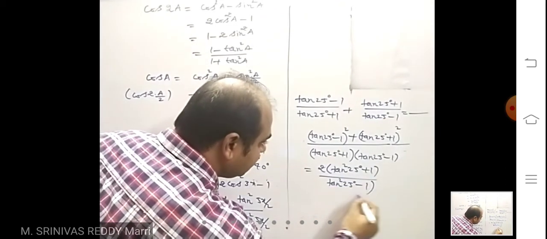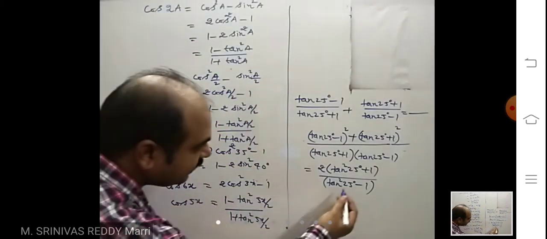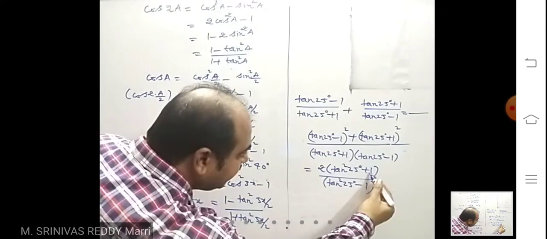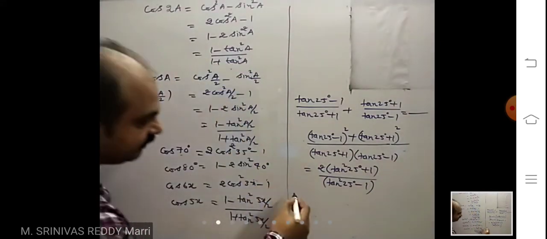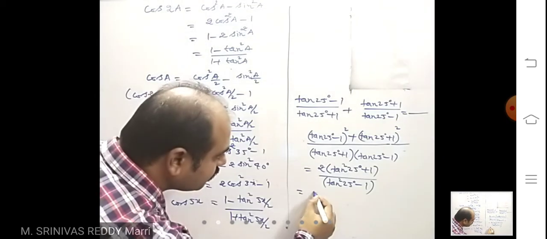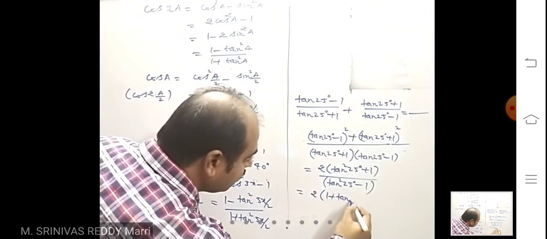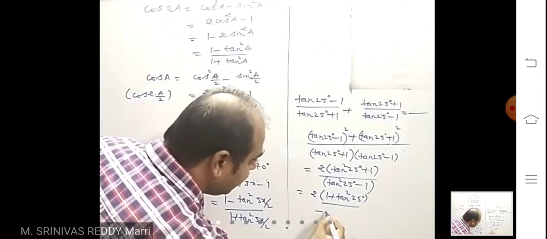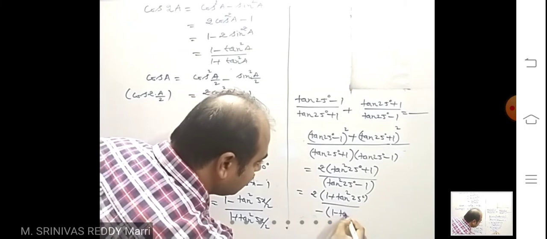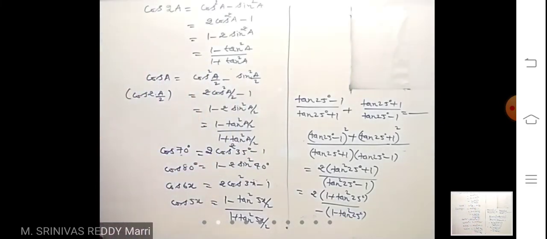That is tan square 25 degree minus 1 square. Now this is like tan square a plus 1 divided by tan square a minus 1. So 2 into 1 plus tan square, taking minus common, 1 minus tan square 25 degree.